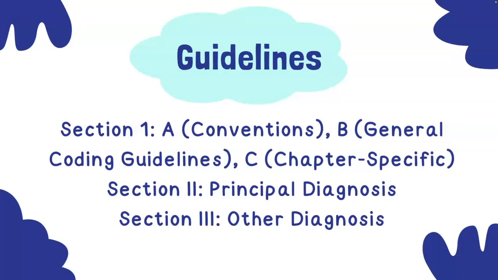I also will call out that on the CCS exam, you have a scenario and they ask you, what is the principal diagnosis? They're expecting you to apply guidelines and know what that code is that would go first. But there could be questions on the exam where you're asked to identify the secondary diagnoses.